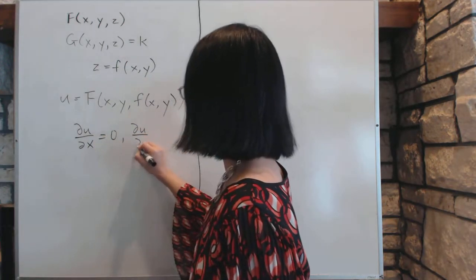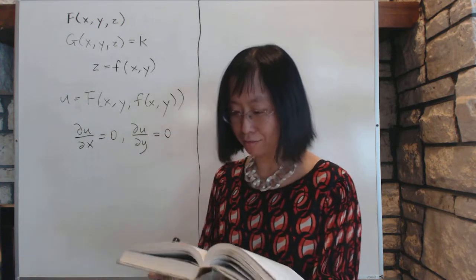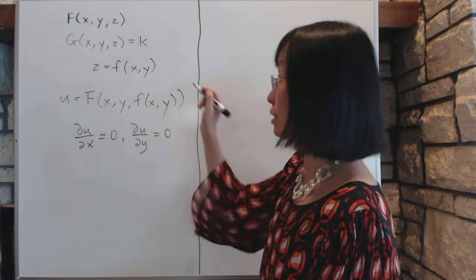So we are trying to solve partial u partial x equal to 0, and the same with partial u partial y equal to 0. Right now we don't have any specific examples, so we're just doing things in general.